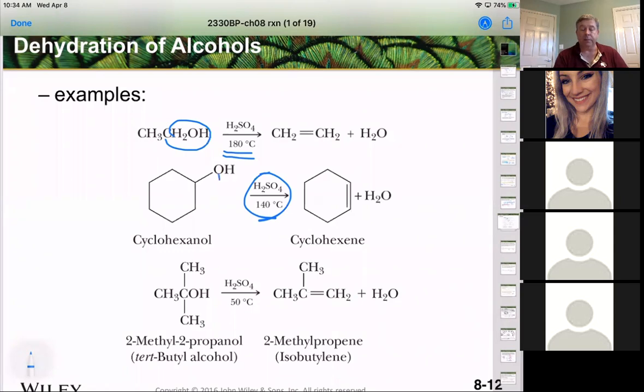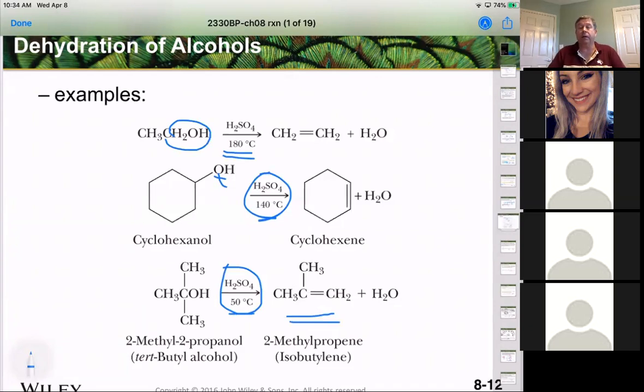The idea is you're going to protonate this first, and then that makes it a good leaving group, and then that eliminates and regenerates your acid. Now, your tertiaries obviously go at the lowest temperature because they can form that carbocation first, then eliminate the hydrogen. So that means that they can move along a lot faster, okay?